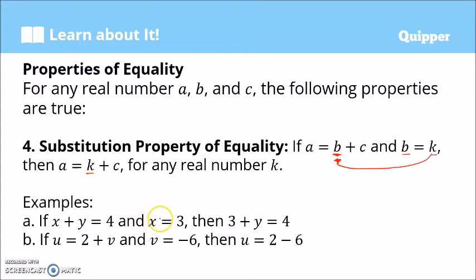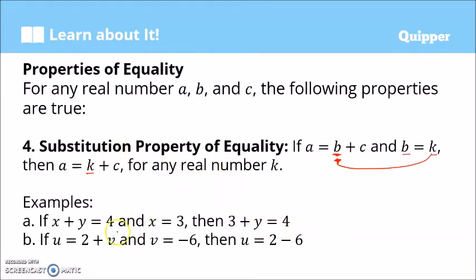So, palitan natin si x ng 3. Substitution. So, si x dito, magiging 3. So, that is why we have 3 plus y equals 4. So, this is now an equation, linear equation in one variable. So, si y na lang yung variable. Okay? Kasi ginamitan natin ng substitution.